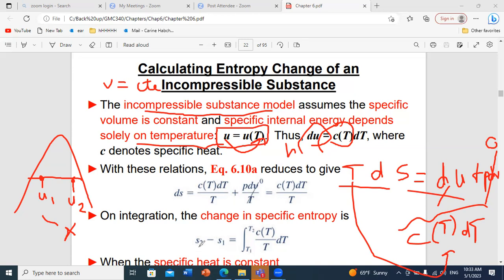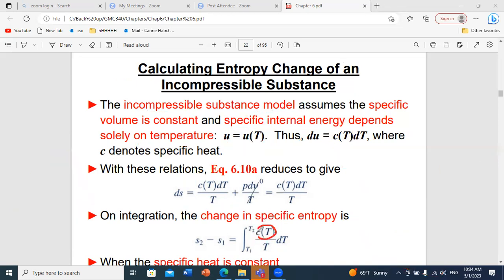And to find the variation of entropy, what should I do? I do integral from 1 to 2 on this side, and here also integral from T1 to T2. هلا, in case C is function of temperature, we should give you this function. Okay, تقدروا تعملوا integral. أو عادة بالtables هن بيكونوا عاملين الintegral they directly give you the value. هلا we'll discuss this together. Okay, and in case they told you in the problem you can treat C as constant, you can take then C outside of the integral.